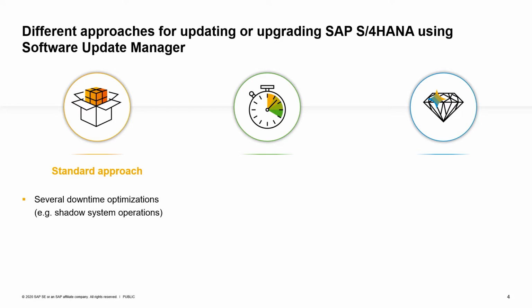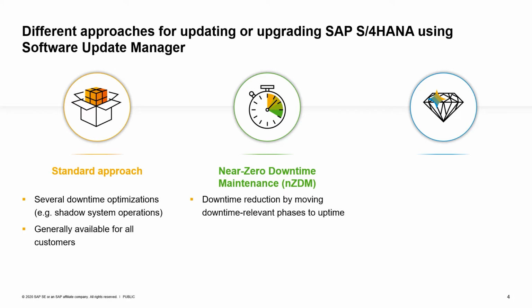So we continuously improve our procedure, the Software Update Manager, to optimize the downtime. For sure, the standard approach is generally available, similar to NZDM, which is also generally available. The difference here is that the NZDM focuses also on downtime optimization around conversion of tables, for instance, as well as the import of table content.